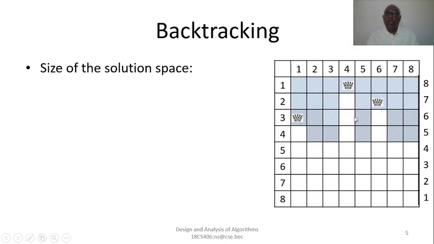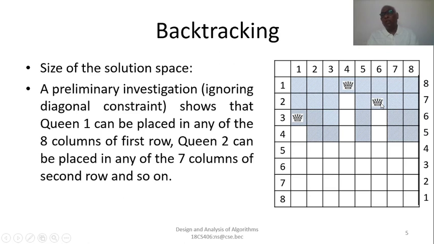The third queen can be placed in one of the 6 columns because 2 columns are already reserved for the first and second queens. So if I continue like this, the first queen can be placed in 8 positions, the second queen in 7 positions, the third queen in 6 positions, and so on. And hence, what are the possible position combinations in which 8 queens can be placed?